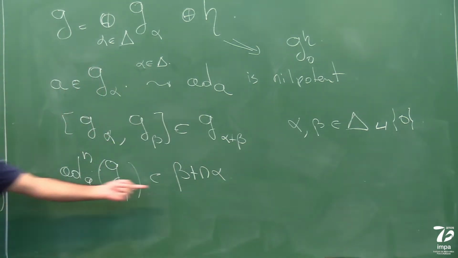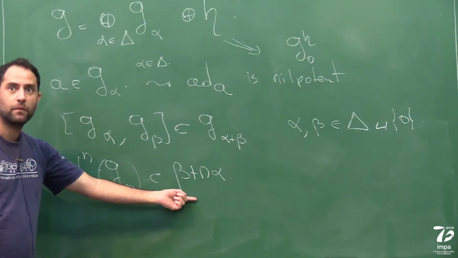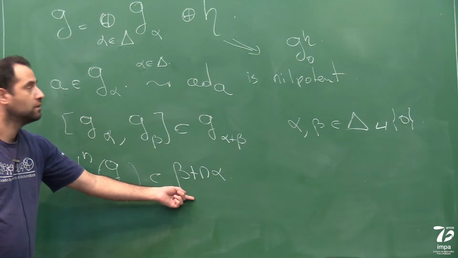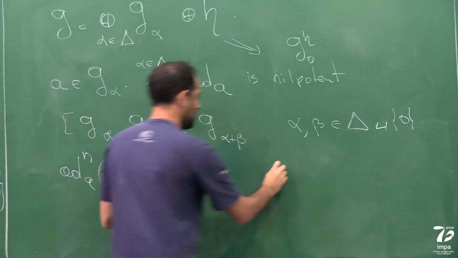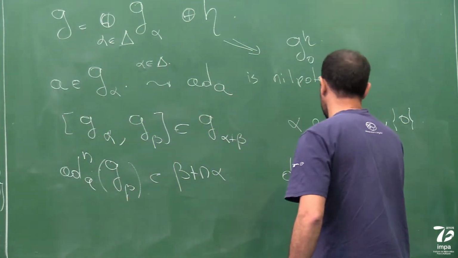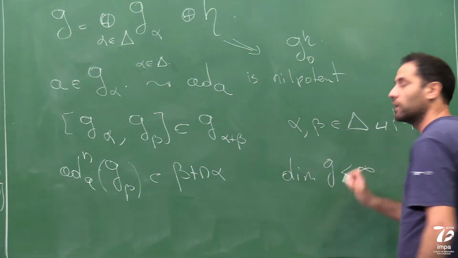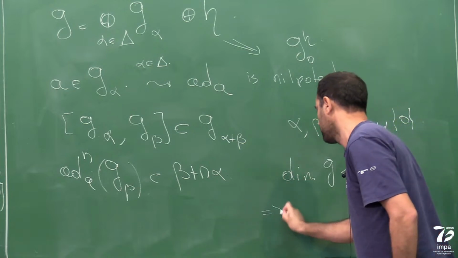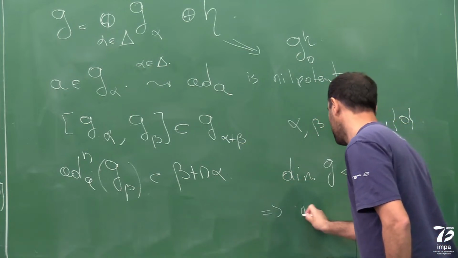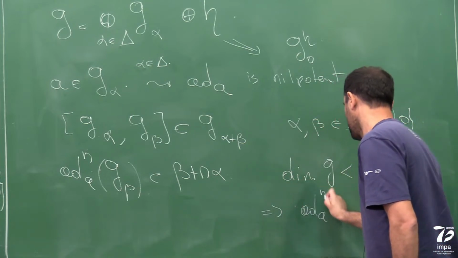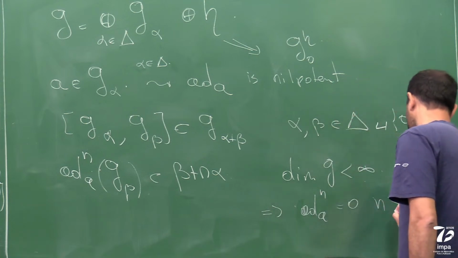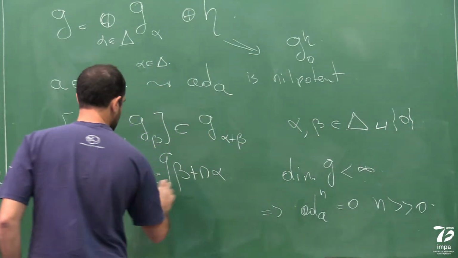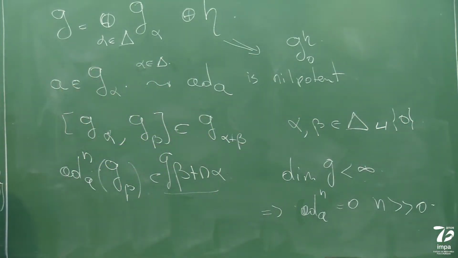Now, these are different linear functionals for each n. And, well, G is finite dimensional. So since G is finite dimensional, this means that this is 0 for n large enough, because these spaces are 0 for n large enough.